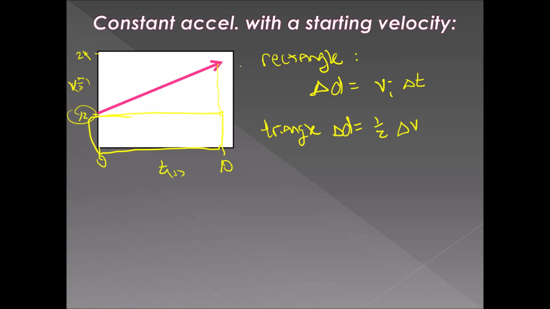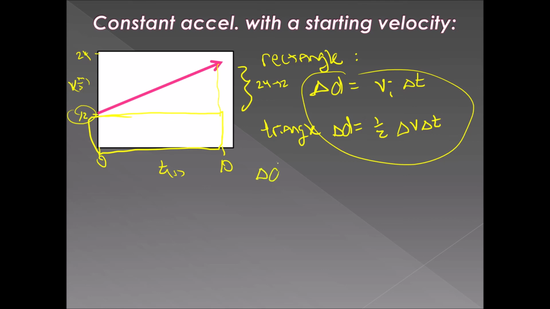This would be the change in velocity, or 24, which is our final, minus 12, which is our initial, times our change in time. So our total displacement when we add these together is going to be 1/2 change in velocity times change in time plus initial velocity times change in time.